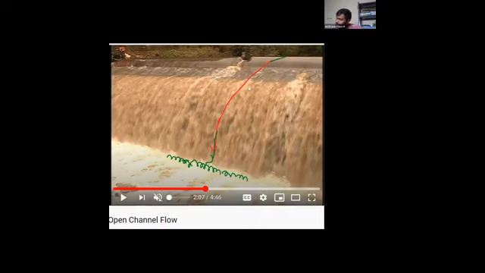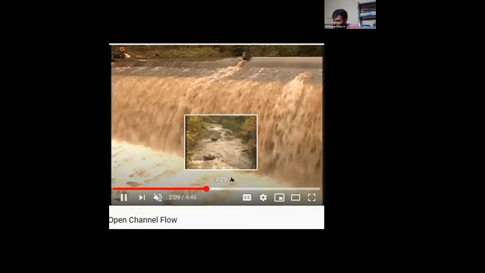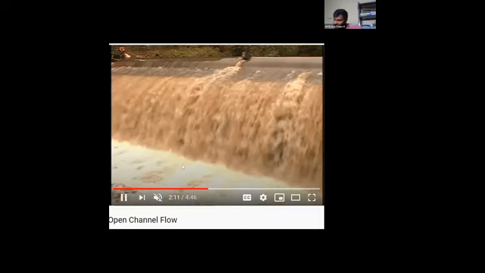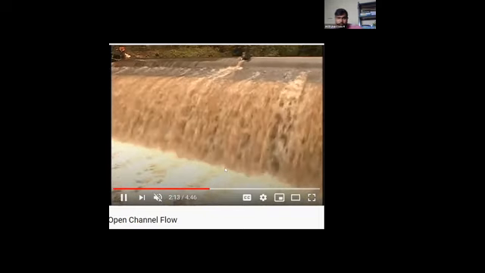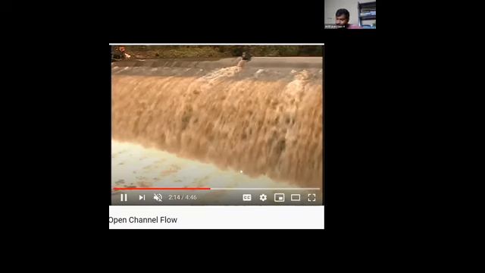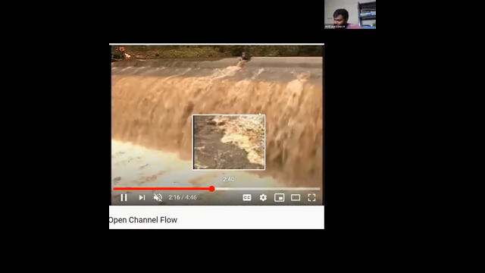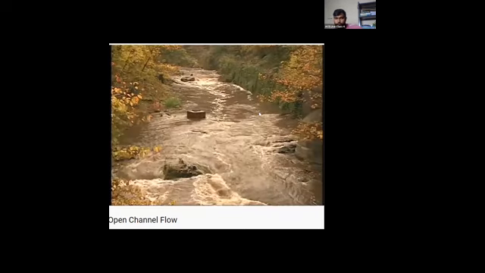You can see the formation of the jump over here, a small jump. This is a very small jump. This is a flow of water.